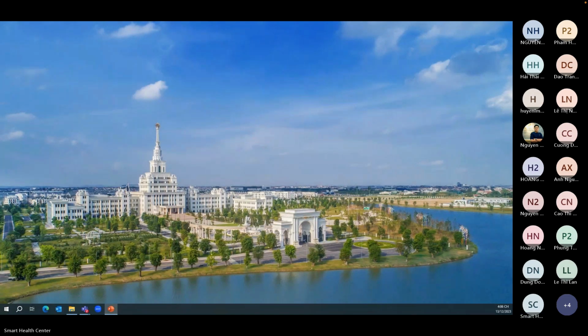Cái gì mở ha? Split screen rồi. Em split screen hai cái.